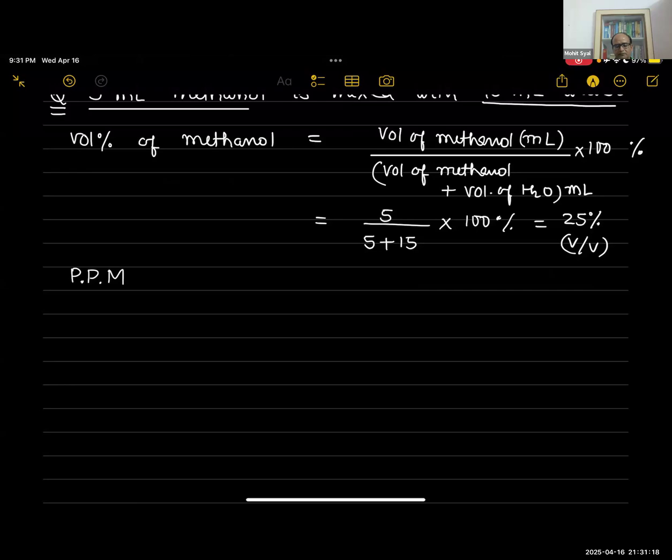ppm. It means parts per million. Have you heard of it, both of you?